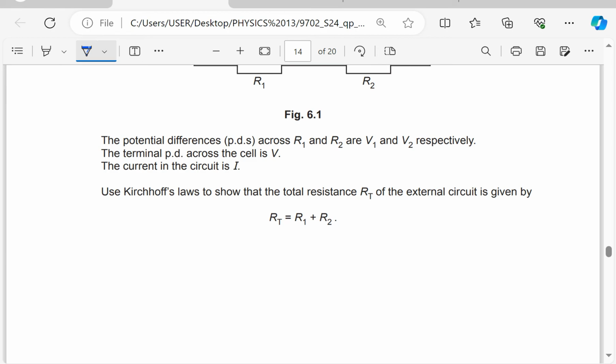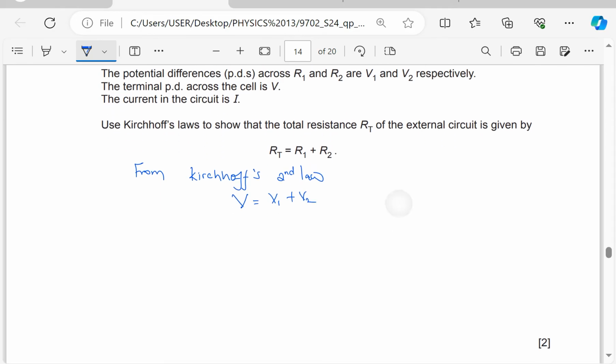So from Kirchhoff's second law, the terminal PD V should be equal to V1 plus V2. The terminal PD is going to be equal to V1 plus V2.